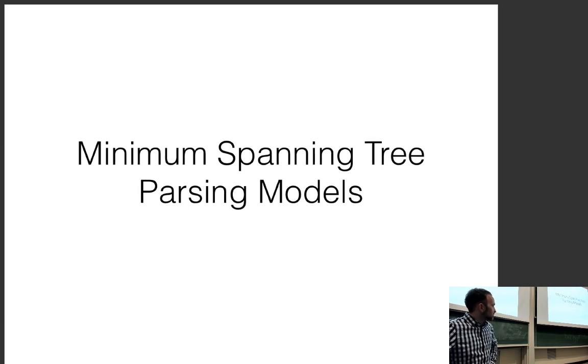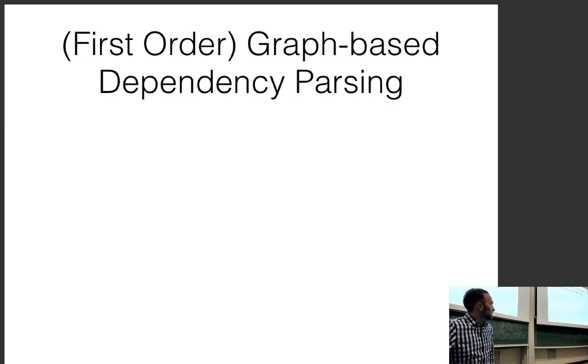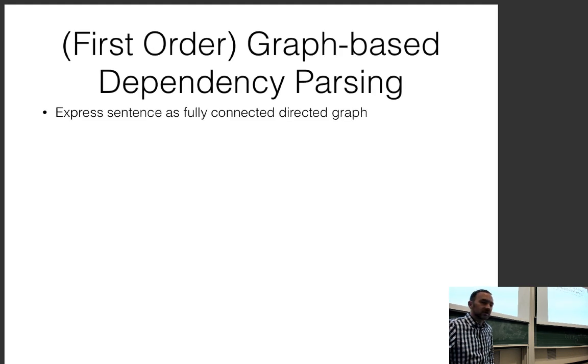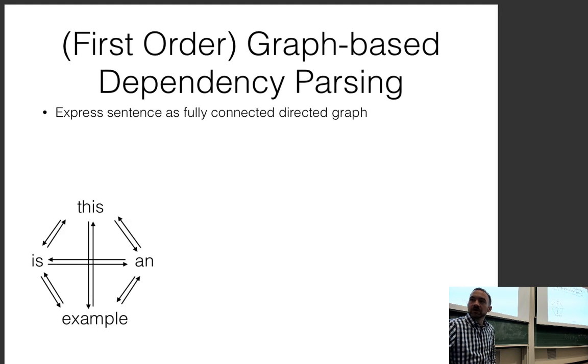So just to very briefly go through the reading. In the reading, we talked about minimum spanning tree-based parsing models. And specifically, the reading mostly talked about first-order dependency parsing models. So essentially what this does is this expresses a sentence as a fully connected directed graph, like this. So you have one edge going between each of the words in the sentence.